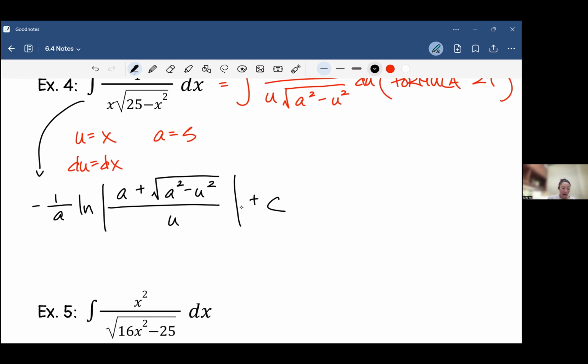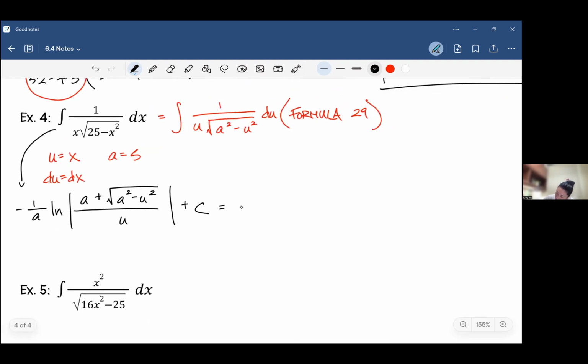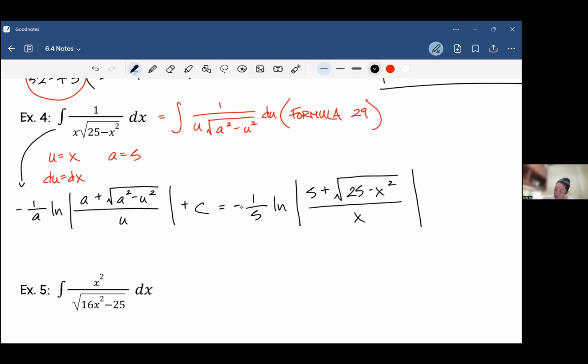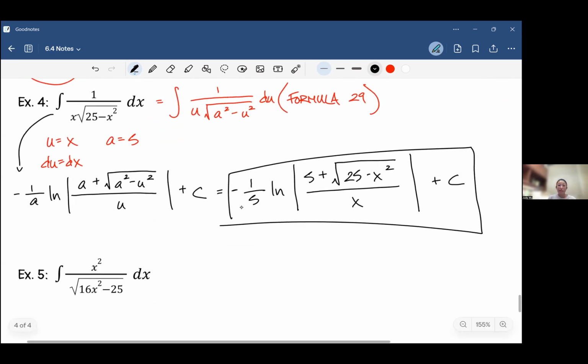Now when we plug in the values we have, we get negative 1 over 5, natural log of the absolute value of 5 plus the square root of 25 minus x squared, all over x, plus c. So even if this integral scared you a little at the beginning, once you found the formula, we just figure out all the pieces and plug them right in.